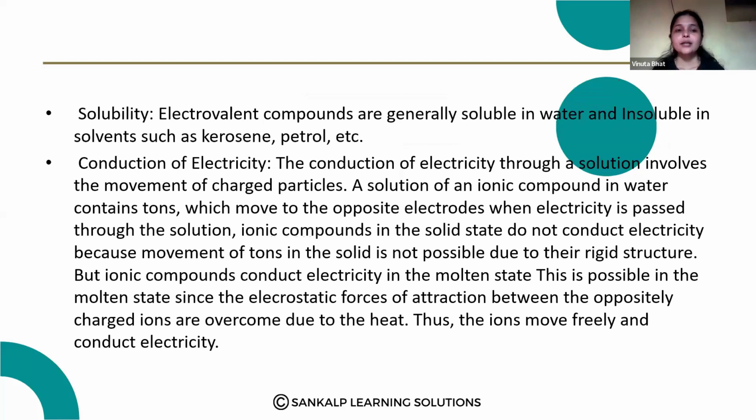Conduction of electricity: only when these compounds are in the molten or aqueous form are they able to form ions and carry electricity. In the solid form, they are not able to conduct electricity.